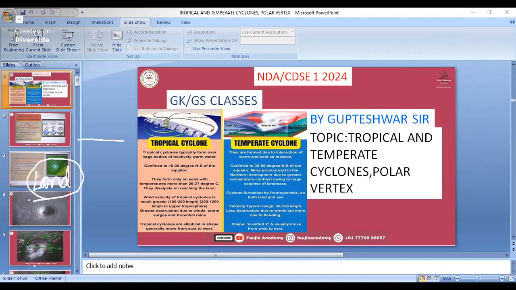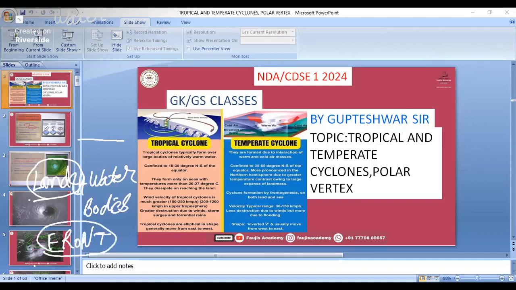Because tropical cyclone formation happens only in the water bodies, whereas temperate cyclone occurs both on the land and also on the water bodies. Why? Because the temperate cyclone is also known as the front cyclone, and we have the front formation on both water and the land area.